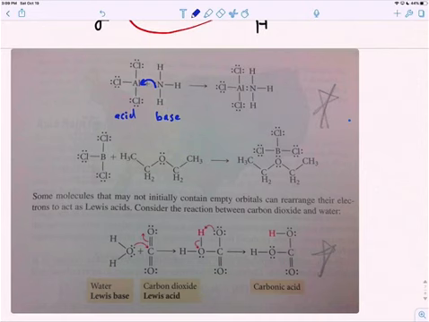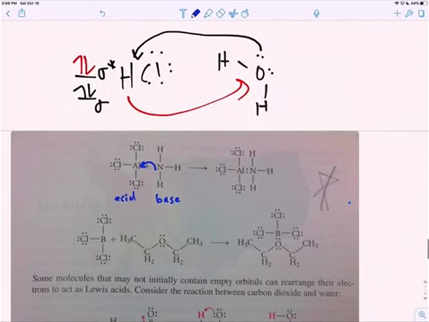And every single acid is actually a Lewis acid because it works by transfer of electrons. So from water, the electron pair will transfer to the antibonding orbital of the hydrogen chloride molecule, and the hydrogen will pop off, and then it'll just be soaked up by the water again.